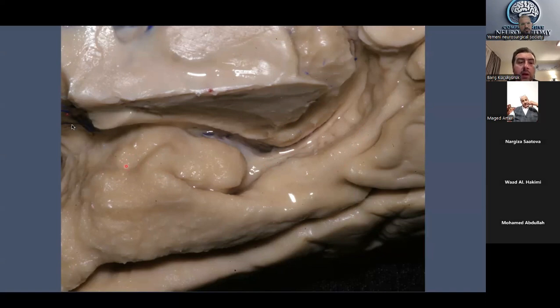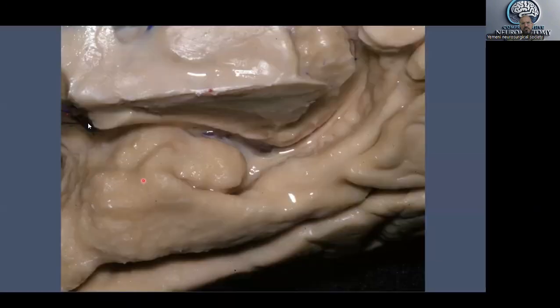Again, the anterior segment of the uncus... the posterior segment, superior part covers the head of the hippocampus.